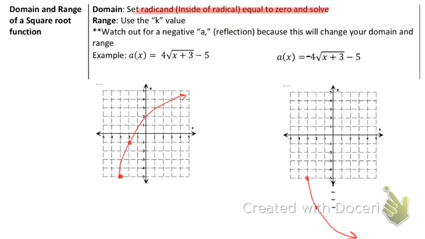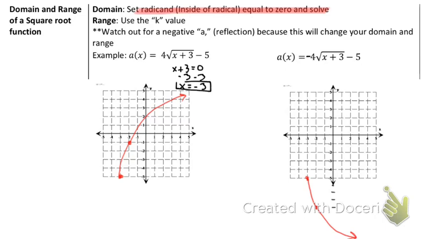So let's try that. We're going to take x plus 3, set it equal to 0, and solve. If you subtract 3, you get x equals -3.